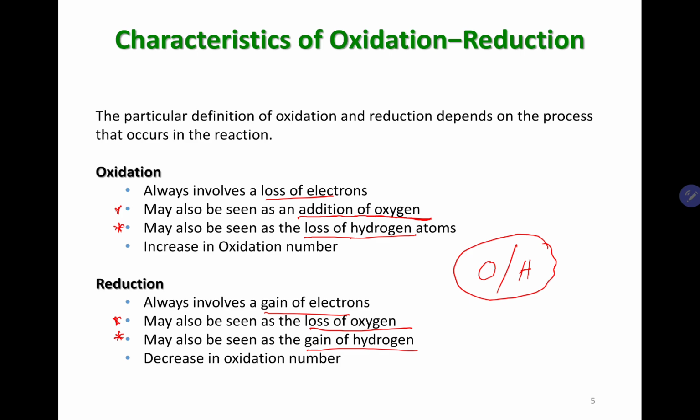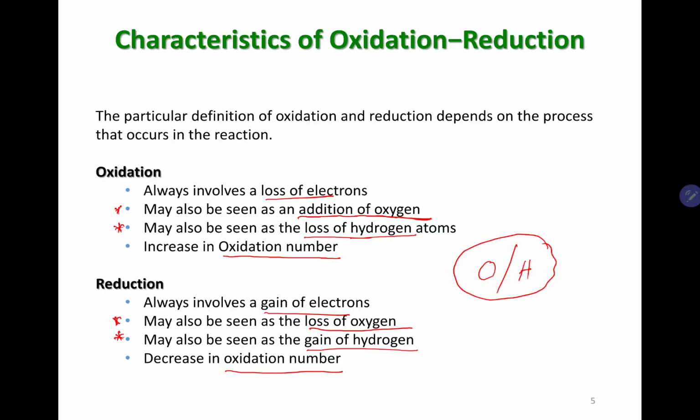Or in other words, when we can't see things like oxygen and hydrogen in our reactions, or how they behave, if it is tricky to understand how oxygen and hydrogen behave, we should have another hard and fast rule, let's say, to identify or distinguish between oxidation and reduction. So that thing that we could always depend on when identifying oxidation and reduction is this concept called oxidation number.